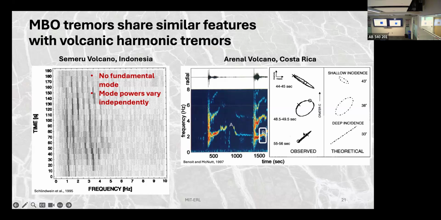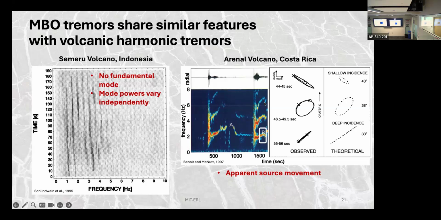And they thought that the change in particle motion is probably due to a rapid movement of the source from deeper depths to shallower depths. And also note that in this time window, the frequency of the tremor actually didn't change much, but the source apparently moved very rapidly. And this feature was also observed for our tremors.